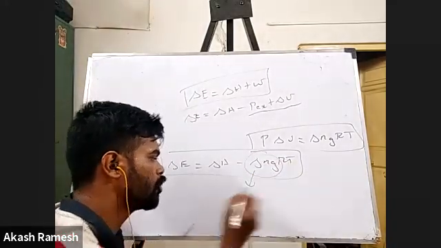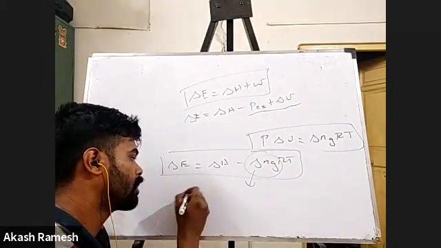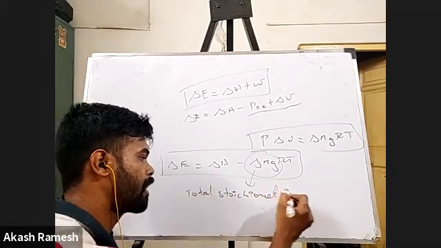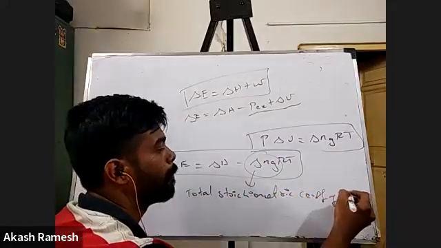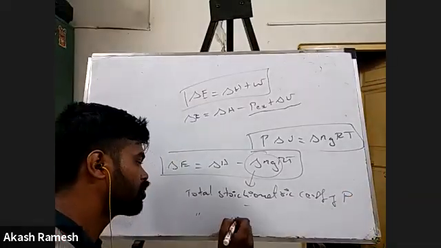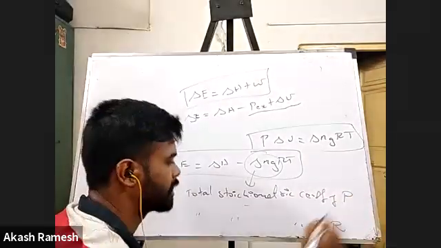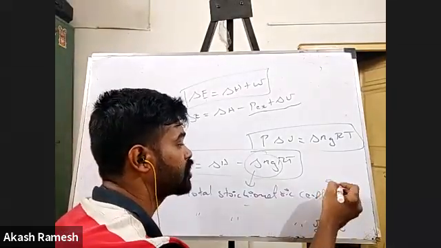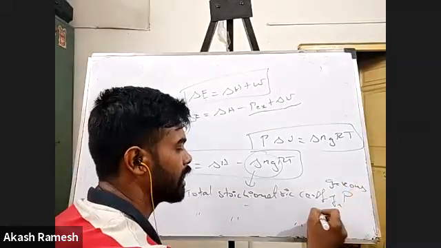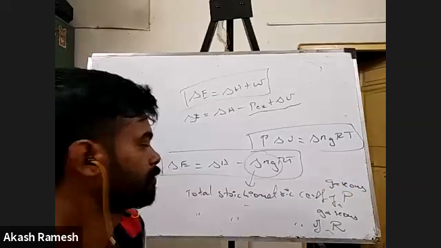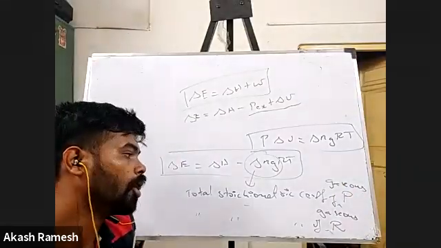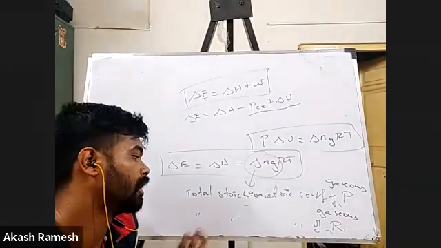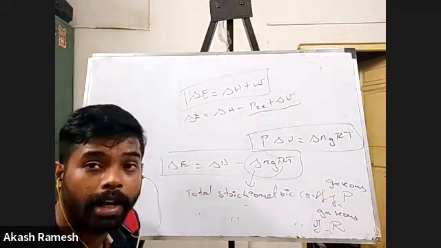Delta Ng is equal to the total stoichiometric coefficient of products minus total stoichiometric coefficients of reactants. Oh, wait. Stoichiometric coefficient of gaseous products minus gaseous reactants. So delta Ng is equal to the total stoichiometric coefficients of gaseous products minus the total stoichiometric coefficients of gaseous reactants.